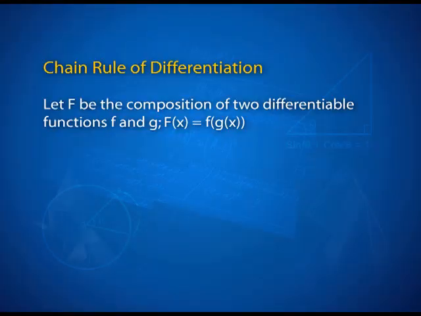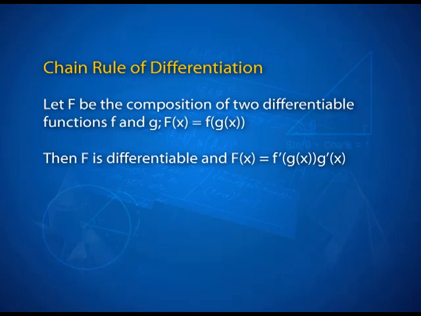If capital F is a composition of two differentiable functions f and g, that is, capital F of x is the same as f of g of x, then F is differentiable and its derivative is the product of the derivative of f at g of x and the derivative of g. So, it is f dash of g of x into g dash of x.